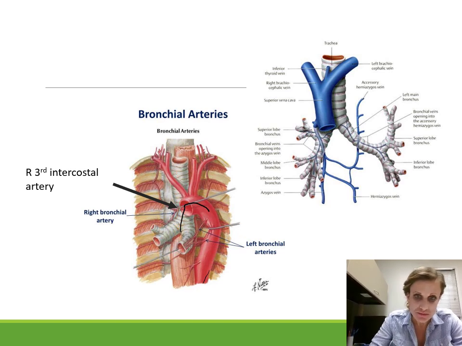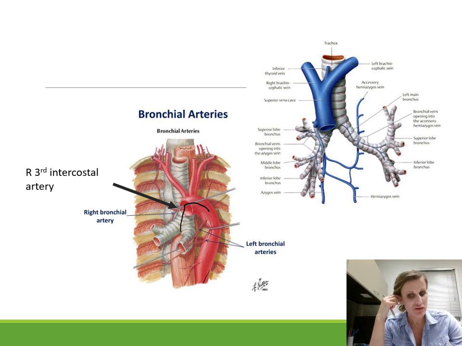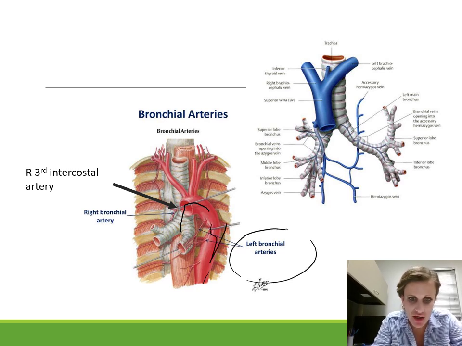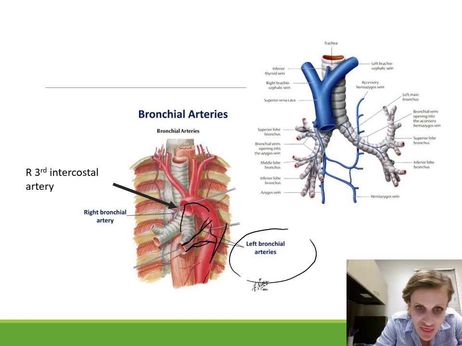Okay, so remember we said the left bronchial arteries come off of the thoracic aorta, and that's what you see here. Here's the thoracic aorta, and then the left bronchial arteries you see coming off down the back of the left main bronchi going to the bronchial tree on the left. On the right, you can see the right bronchial artery right here.